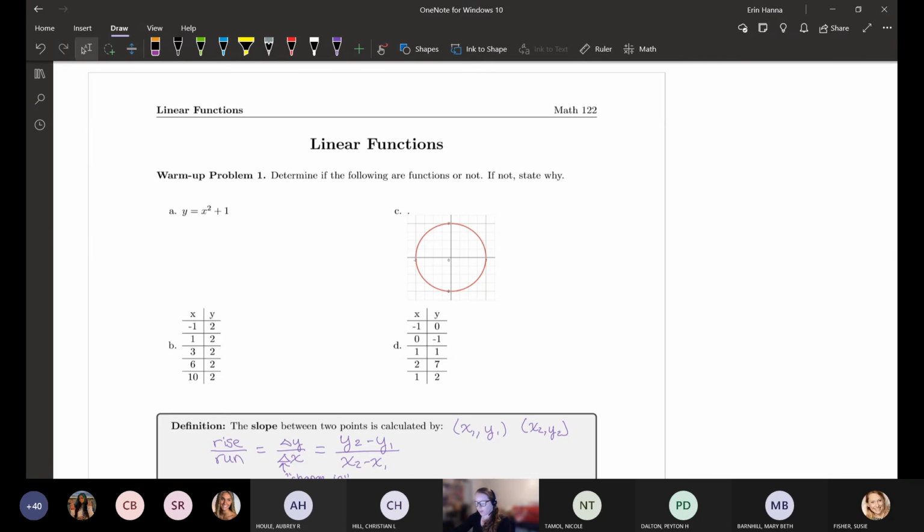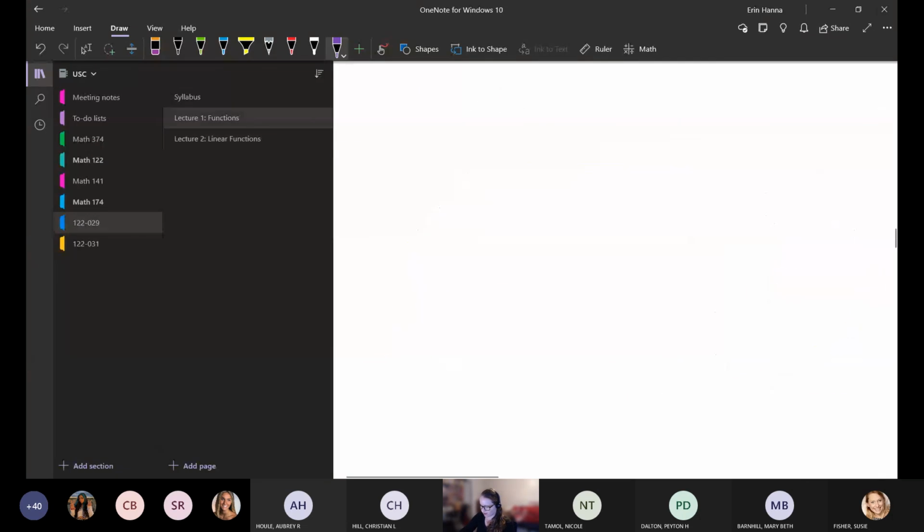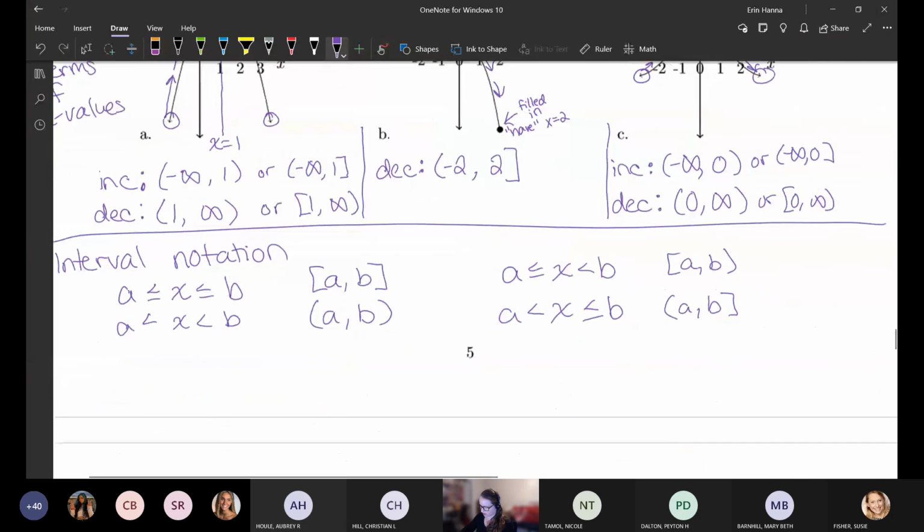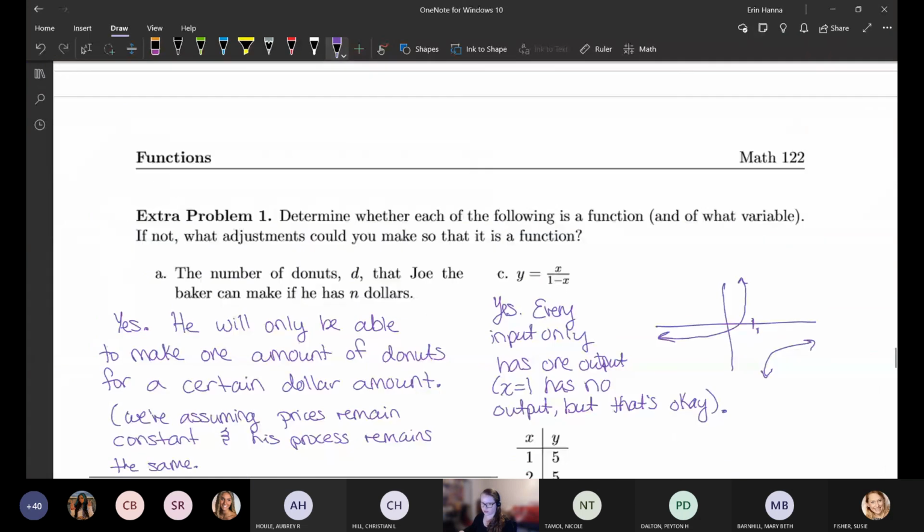Your quiz on Wednesday will consist of questions concerning, like, is this a function? So we'll also kind of start with a warm-up next time of some questions that are, is this a function? And if you want some practice before that, there is one of the extra questions in the first set of notes. Is this a function or not?